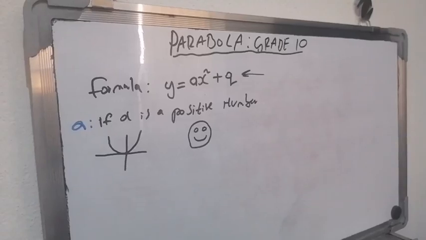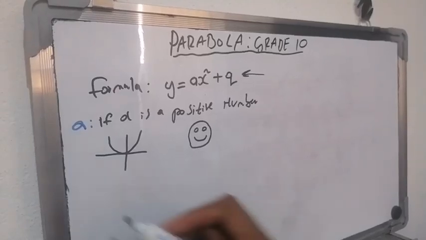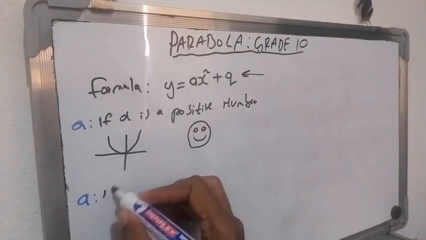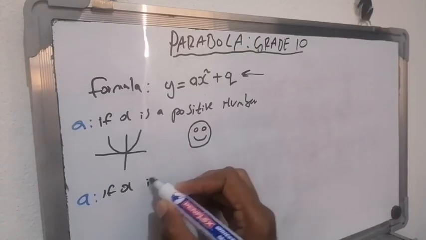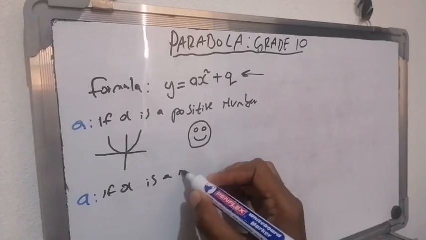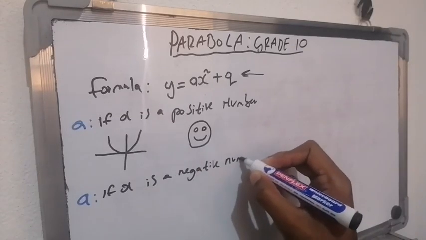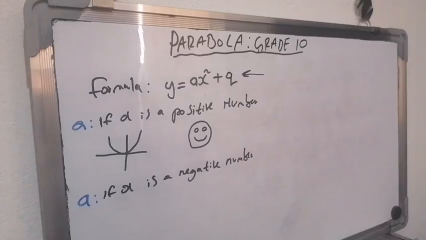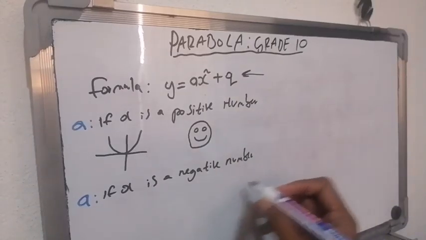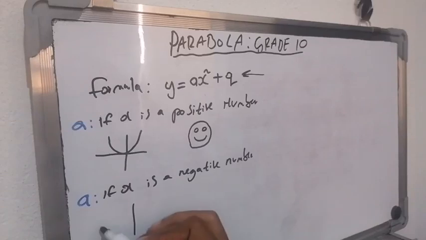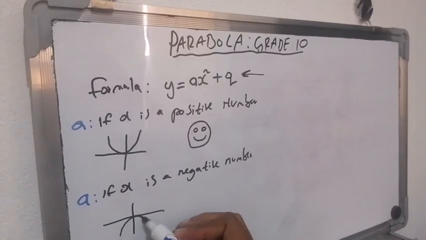Looking at a again, we need to understand what a does on the formula. If the value of a is a negative number, the graph that you are going to draw will look like that.